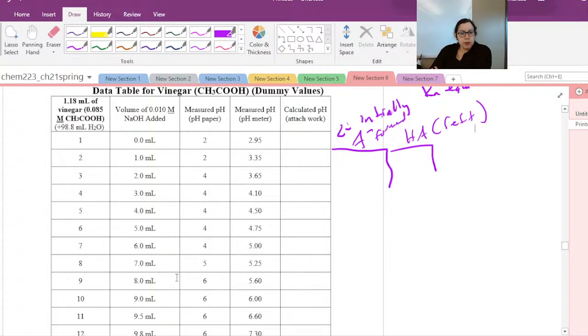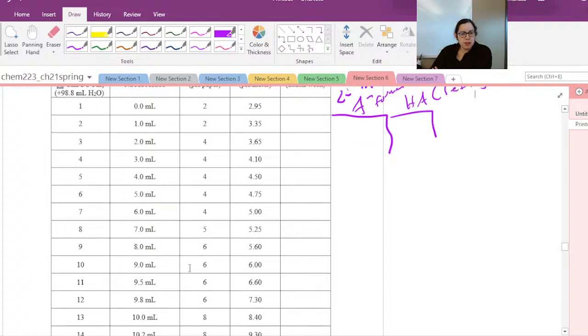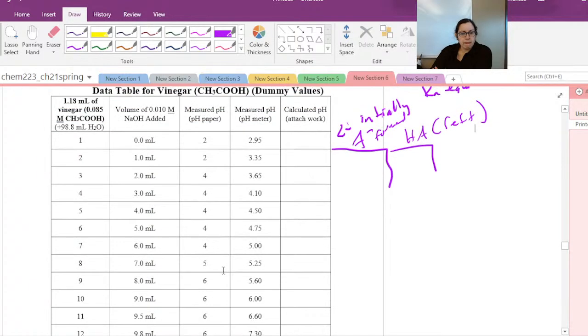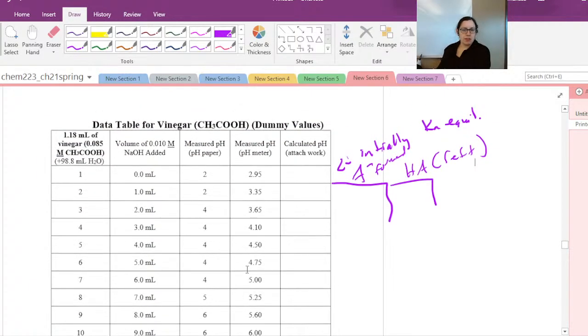And then the equivalence point should have been calculated in pre-lab. I don't have the answer off the top of my head. We could calculate it, but then you take this all the way up to the equivalence point. And then remember, the equivalence point is going to be weird.